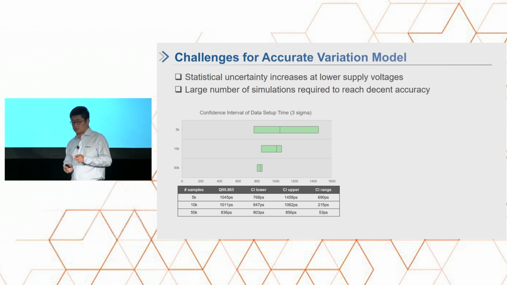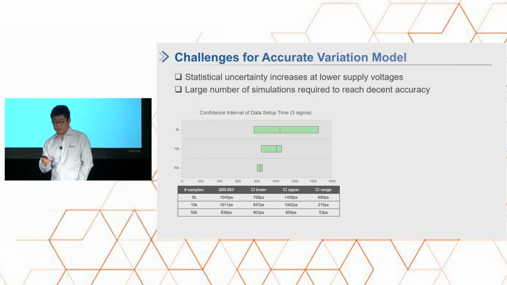And so in this extreme example, when we use smaller number of samples, actually not very small, 5,000 samples, for this setup arc, we get a very big range in the confidence interval, which means this value we characterize is not that accurate, right?